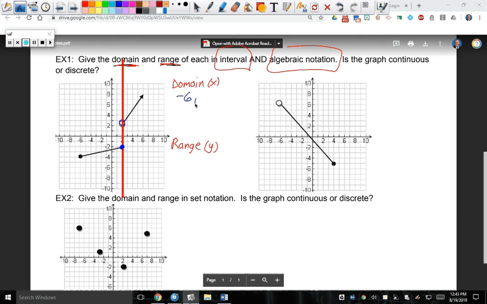Yes. Okay, so we're going to put infinity. Does it include -6? So we're going to bracket that. Can I touch infinity? No. Because I can't, it will always be parentheses. And we'll stop there and go to lunch.